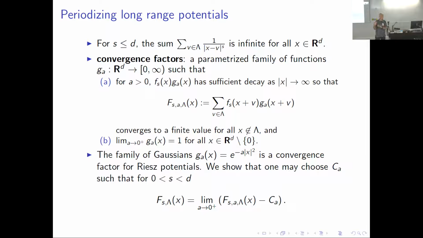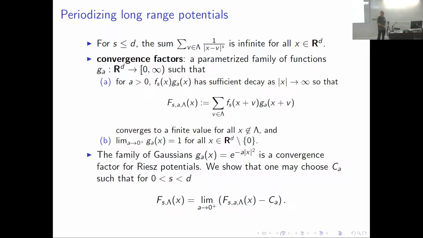What we're going to find out is that the analytic extension is usually also the object that appears when you use convergence factors, or jellium, or other ways of subtracting off the long range divergence.